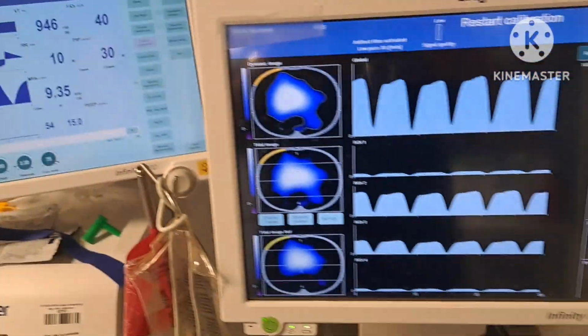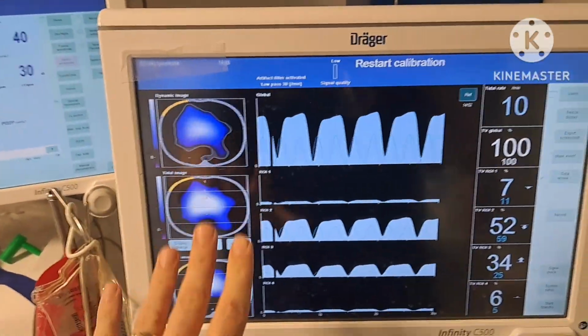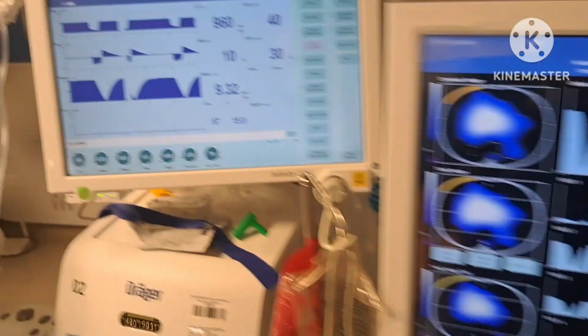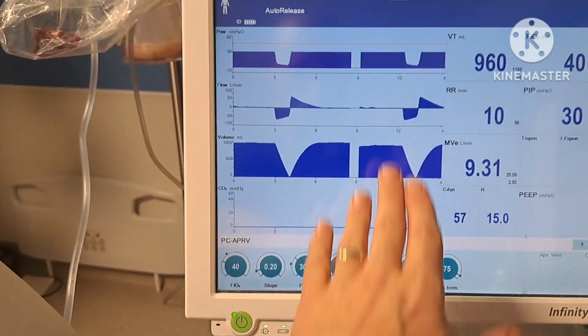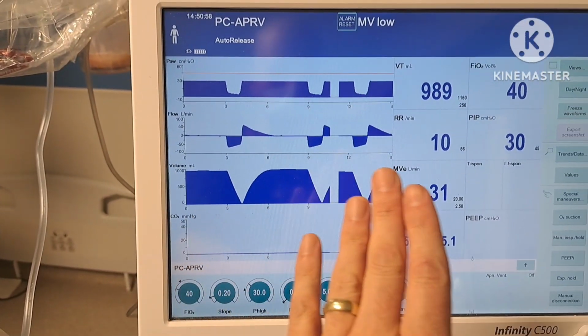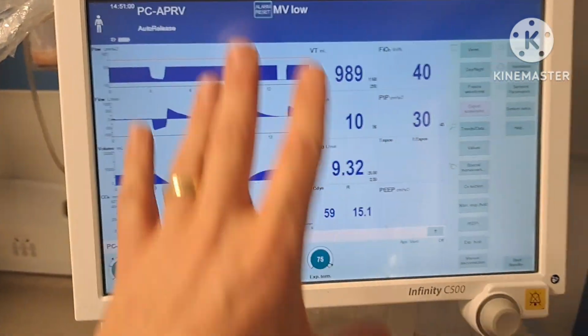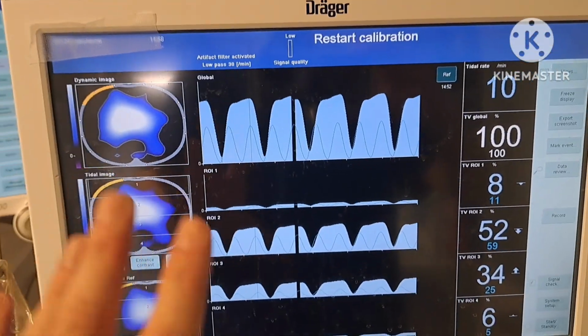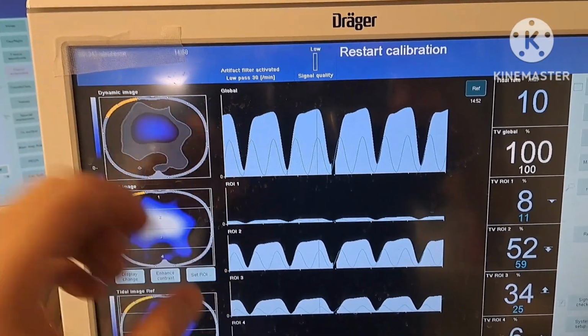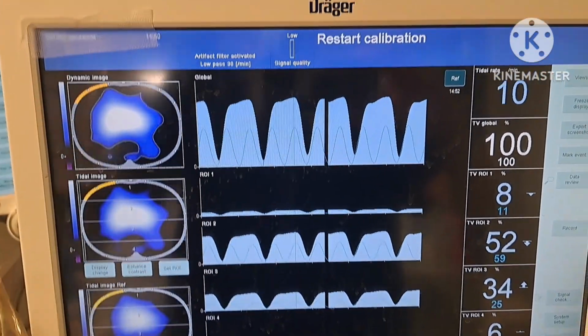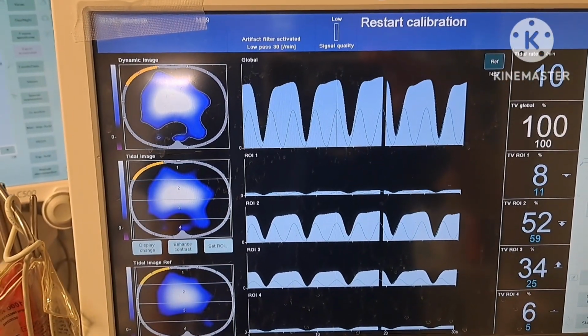But while we're doing this, we're guiding it with electrical impedance tomography. Right now, during this recruitment phase with Aprv, the most important thing is to open up everything. We want to get everything open. This guy had complete dorsal atelectasis.